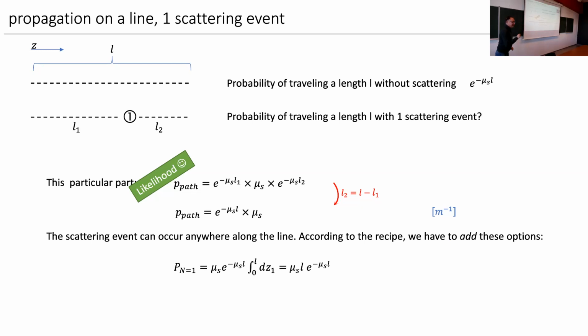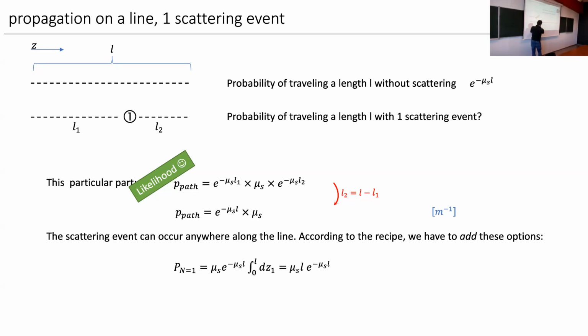Because now it comes back. This one scattering event can occur anywhere on this path. So if I'm asking what is the likelihood of traveling this length L with one scattering event, then I have to account for the fact that the event can take place everywhere. You have to add all these options, so I integrate over all possible locations of this scattering event.